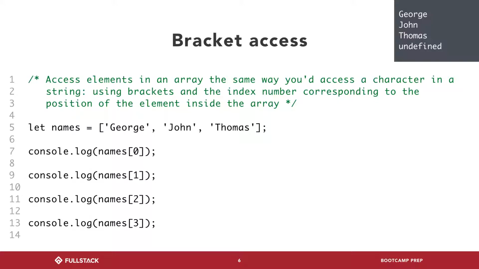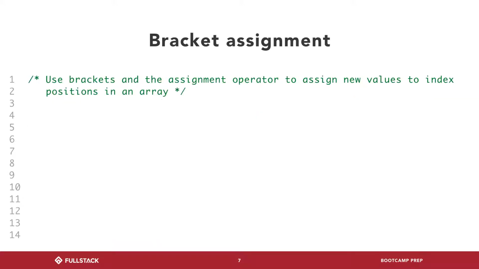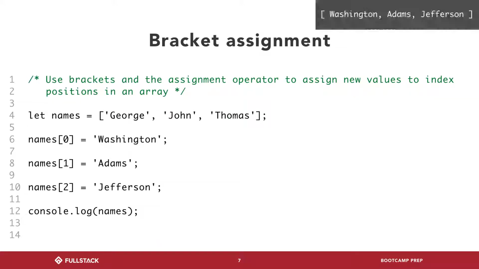And so when we use bracket access, all this is saying is, hey, we have an array. Afterwards, you can put in open and closing square brackets. And if you pass in a number, it will give you the element at that position. So while that lets you kind of check to see what the element is in that position, if we now add an equal sign to it, it's going to actually reassign that element, right?